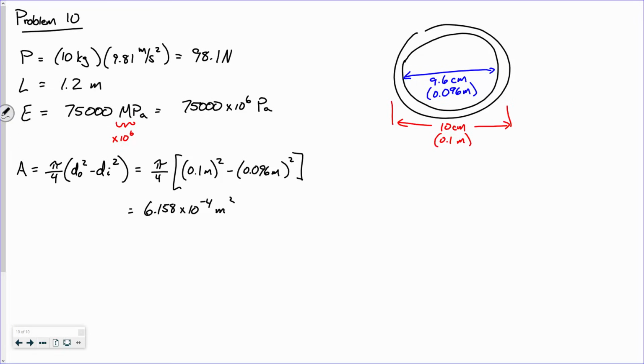Now, if I have a bar that's being yanked on, does anybody remember what is the formula for axial deflection? PL over AE, there we go.